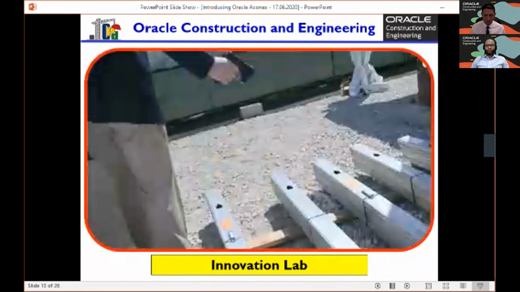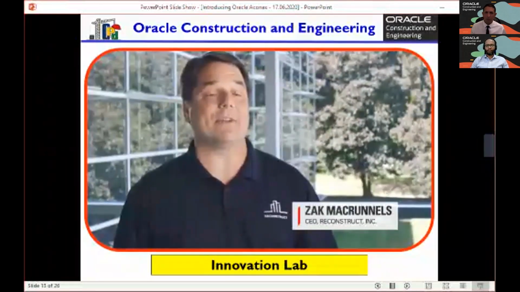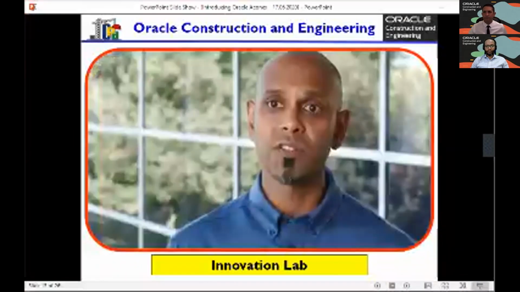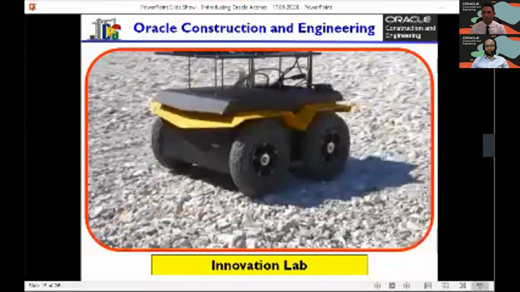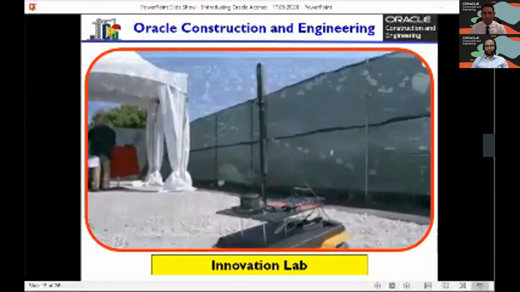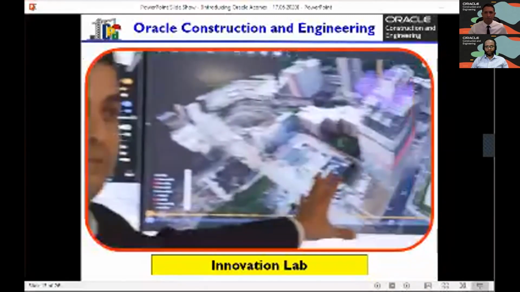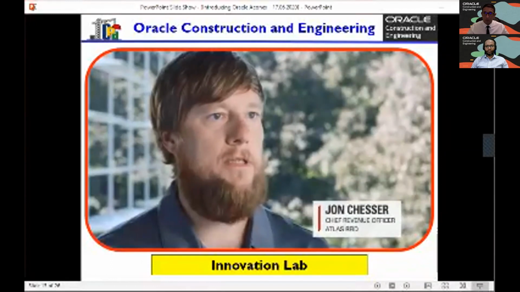We can come, put our operations aside, and just roll up our sleeves and try something new in a safe environment here that Oracle is providing. We are a very reactive industry. And in order to get to a proactive state, we have to move from manually capturing information to automating that data capture to get to a predictive state. It's really the convergence of this digital world with this physical world, and it comes together. And there's really no better place than construction to actually see that happen.